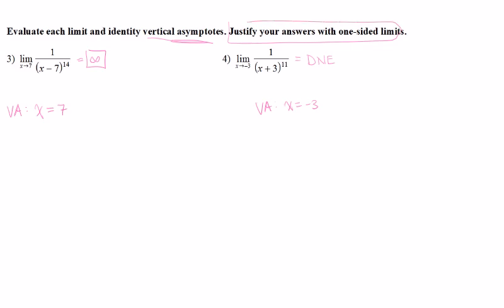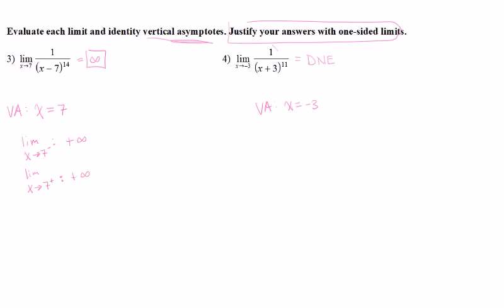So for this number 3, I said it's going to go to positive infinity from both sides. So the limit as x approaches 7, I'll just do it like this and just save a little time by shorthanding. So it'll be positive infinity as we approach 7 from the left, okay? And then as we approach 7 from the right, it's also going to be positive infinity, okay?